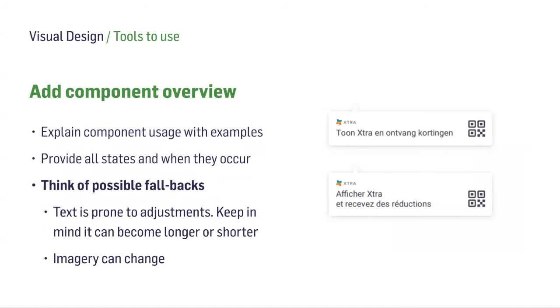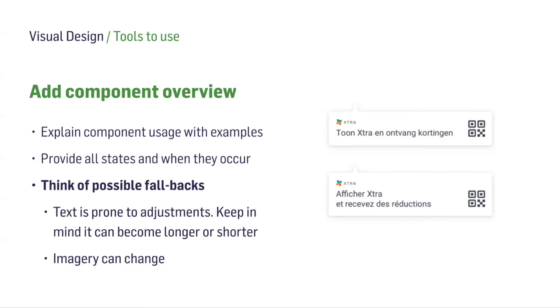One thing that we as designers usually don't really look at is fallbacks, and fallbacks are a very important thing here. As you can see on the right, this is an element that's being used by Colruyt in their My Colruyt app. One of the things that happened here was they changed the copy of the initial design that I made.